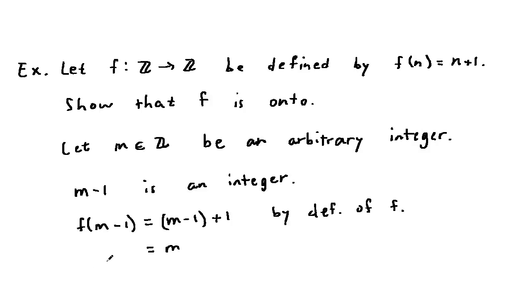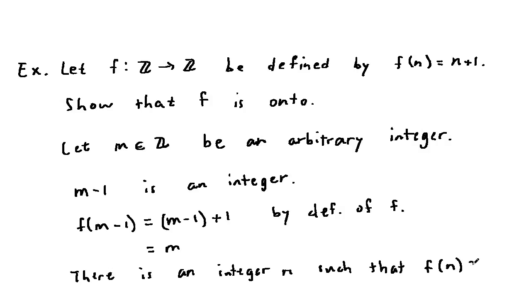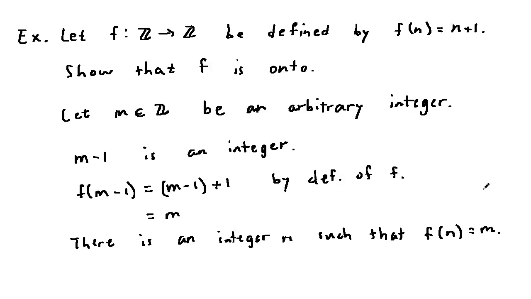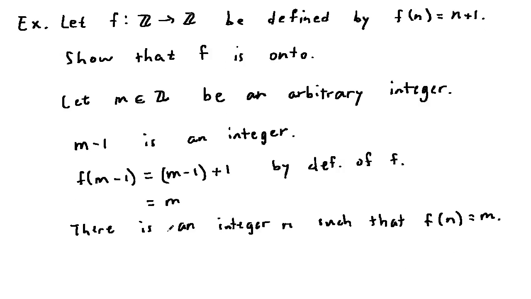Hence, there is an integer n such that f of n equals m. Thus, f is onto.